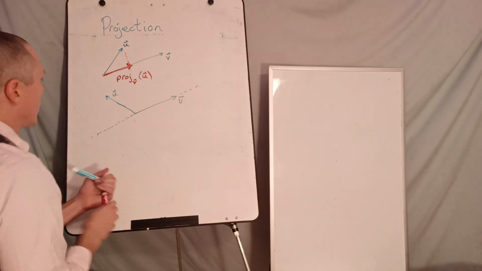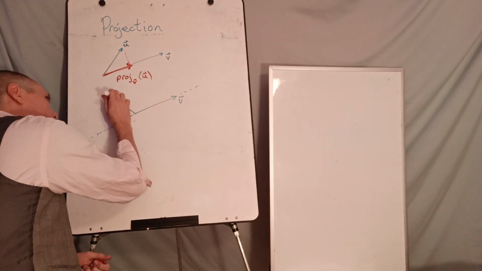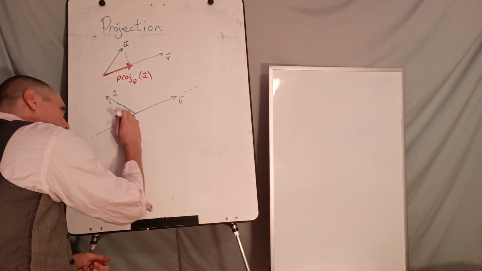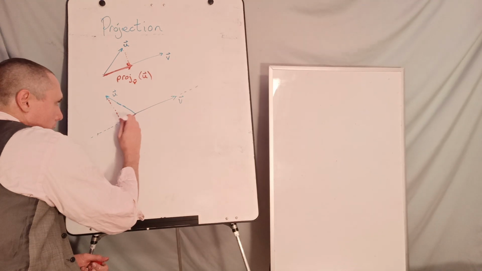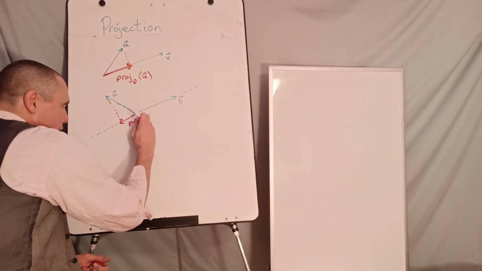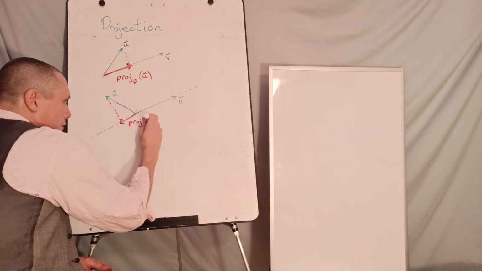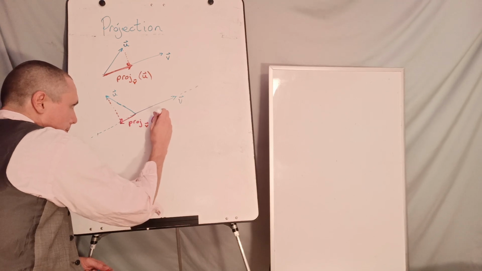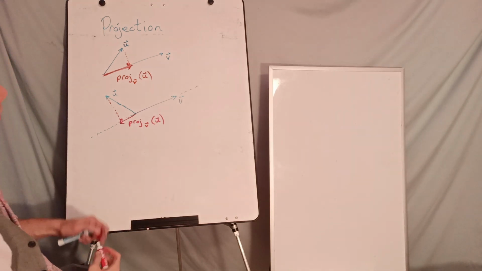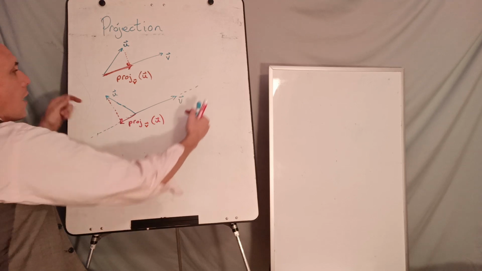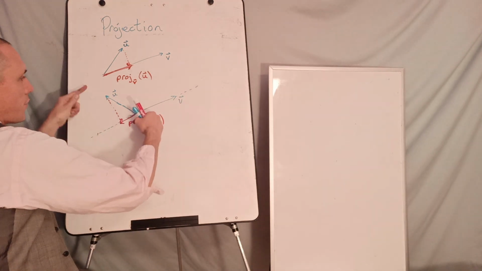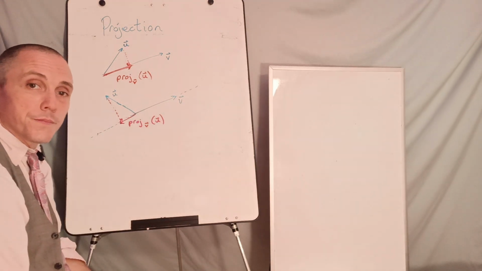And we consider u as being dropped down at 90 degrees onto that line. And then this would be my projection onto v of u. And this would just tell me that this component of u is pointed in the opposite direction of v.